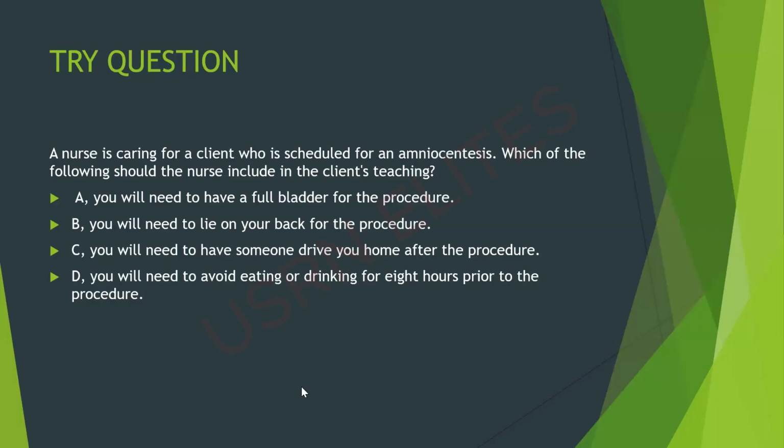In early pregnancy we do have a full bladder, but after the first, second and third trimesters the uterus is already up.